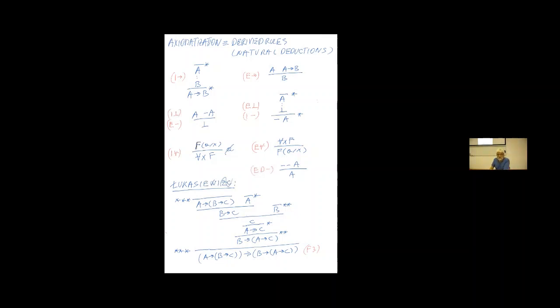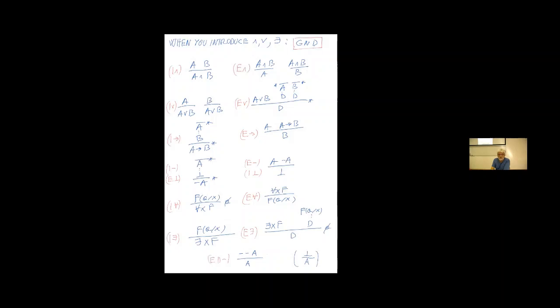And he realized that if you just use these rules and not the original axiomatics, you have an equivalent system. And this is his system of natural deduction, of course. So Gentzen realized that his system of natural deduction is equivalent to these axiomatic systems, let's say Frege's and others, which were developed before.